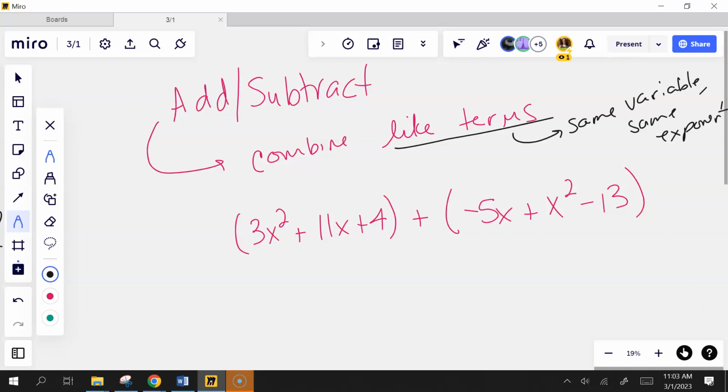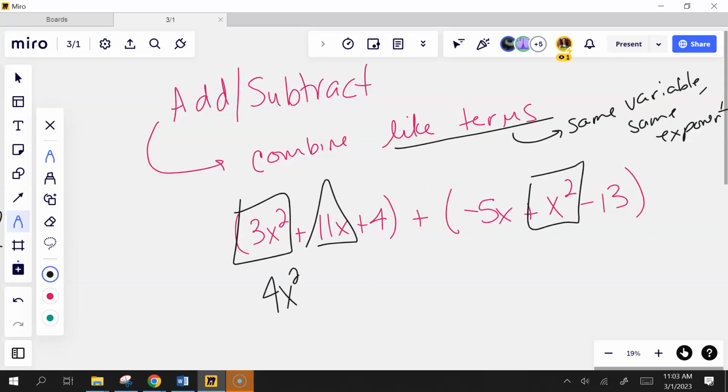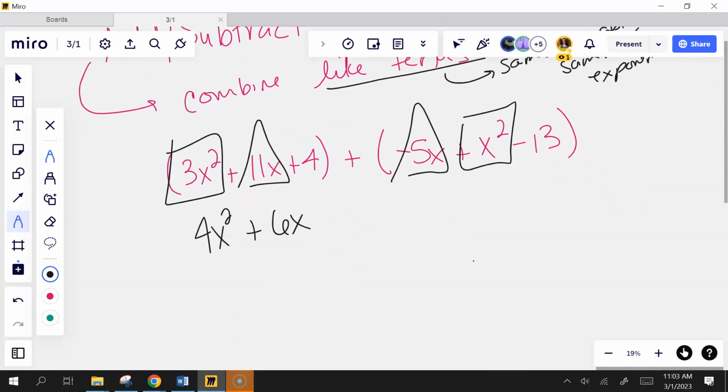I'm adding here, so what goes with what? I've got 3x squared and 1x squared, which would give me 4x squared. And then 11x and negative 5x gives me 6x. And then the constants there on the end, 4 and negative 13, which gives negative 9.